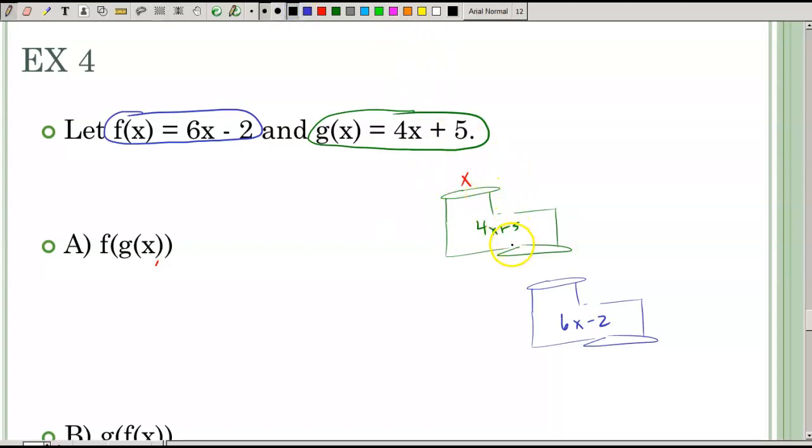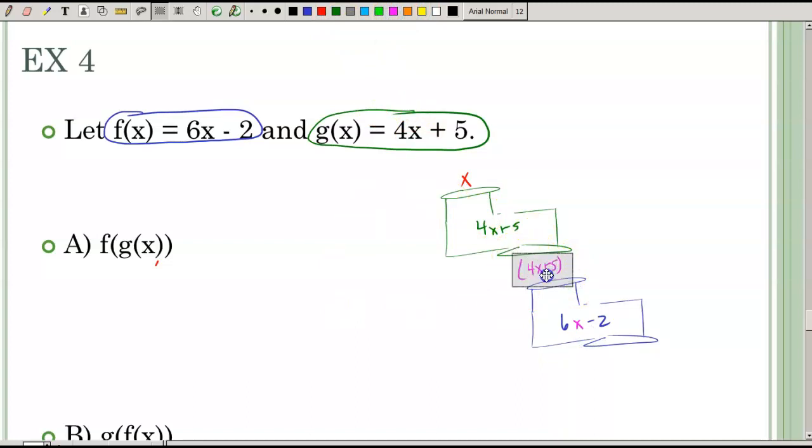The output then is just 4x plus 5. So I'm going to take 4x plus 5 as it comes out, package that up and put parentheses around it. But then this 4x plus 5 would basically go into my next function, right there. So let me put that in pink or purple or whatever that is.